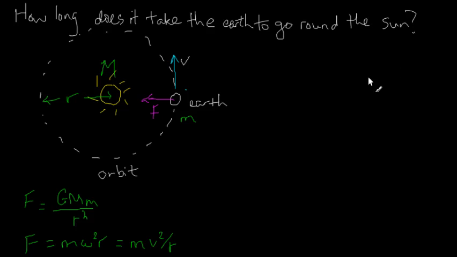Now we already know the answer. Actually, we know that the answer is exactly 1 year. But what I'm going to do is pretend that I don't know the answer, and I'm going to use these two equations.